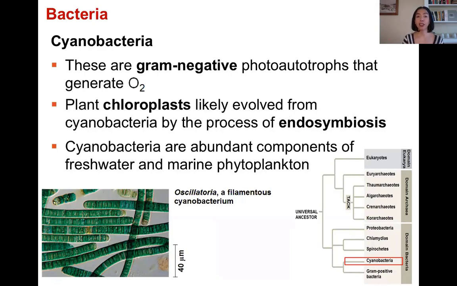It's just like the chloroplast in plants, and remember this hypothesis in our theory of endosymbiosis or serial endosymbiosis, which explains that cyanobacteria are actually the ancestors of chloroplasts in plants. And cyanobacteria are very, very abundant in fresh water and in marine plankton, and are contributing a lot to the oxygen that we are breathing right now.